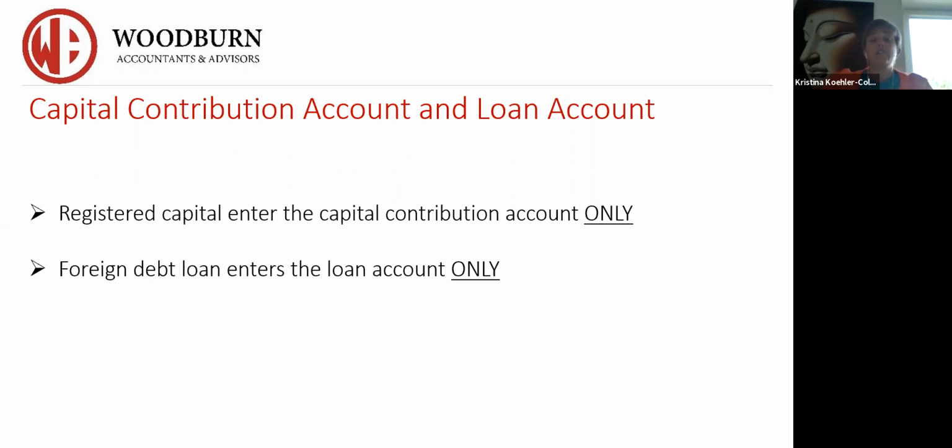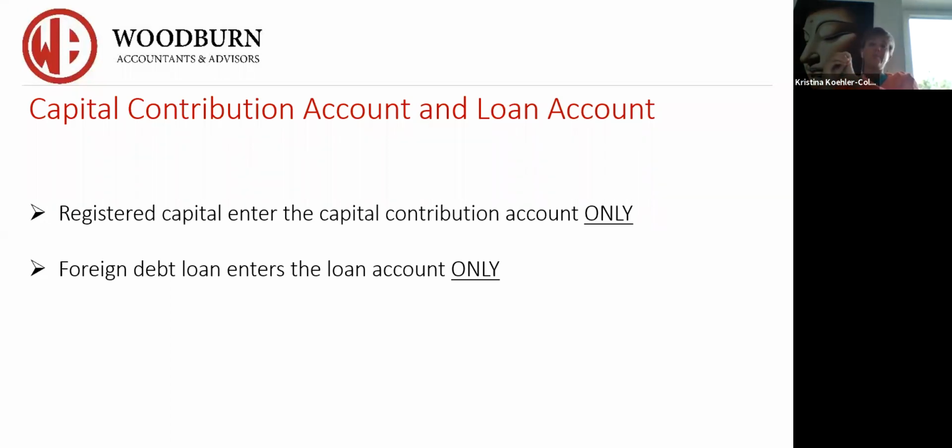As I highlighted, I just want to reemphasize this: capital contribution account and loan account. Registered capital enters the capital contribution account. So for example, let's say you have a registered capital of 1 million. That 1 million, let's say it's 1 million USD, will go into this capital account directly.